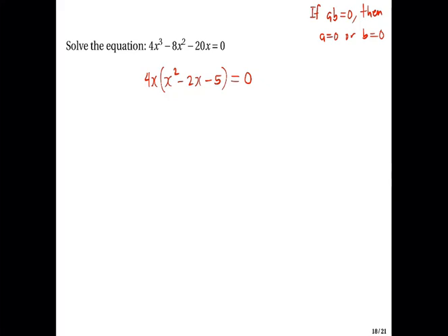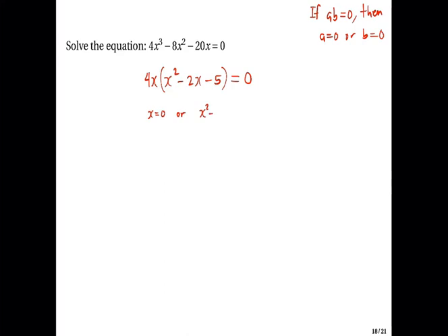Of course, you have 4 times x times this guy here. 4 will never be 0, so it's out of the question. Your x can be 0. So x equals 0, or this expression here, x squared minus 2x minus 5 equals 0.